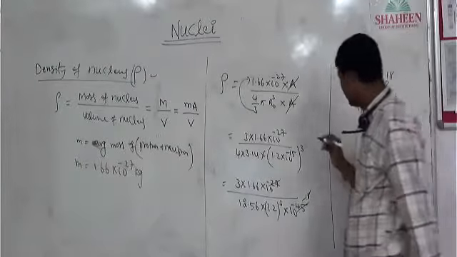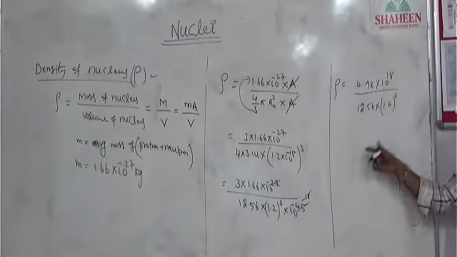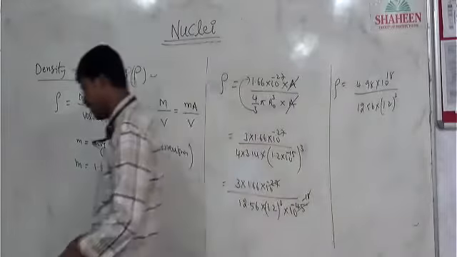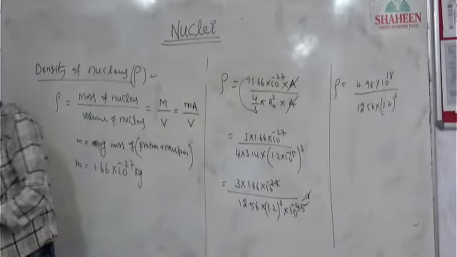See, look here, this is rho. In this, is there any variable left, any mass number, atomic number, neutron number? Finally it is just numbers only. If you calculate, I will say what the final answer is.